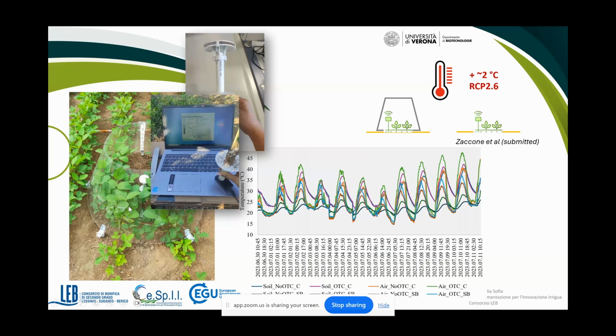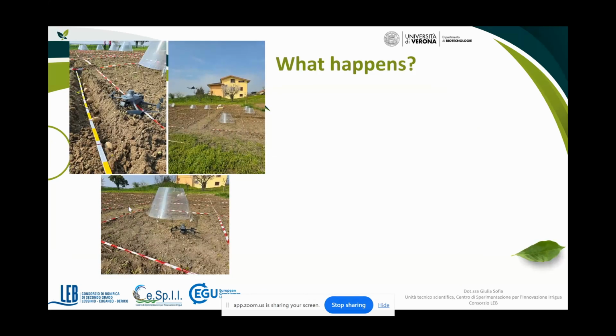The idea is to test over different seasons what changed within the soils and in terms of production. We had 2 years of studies over different sugar beet and potatoes, but I'm just going to show you what happened after the first year of testing.